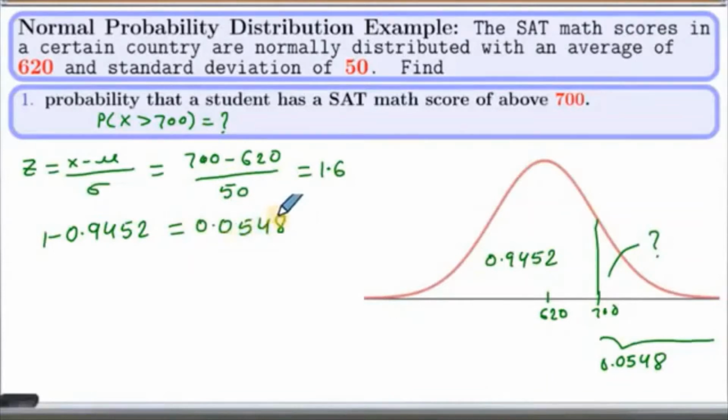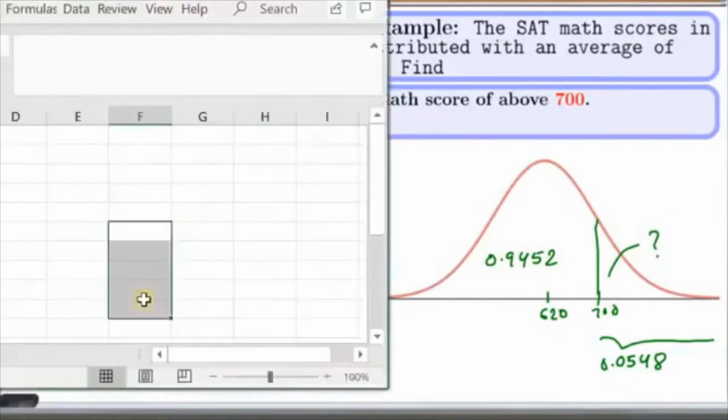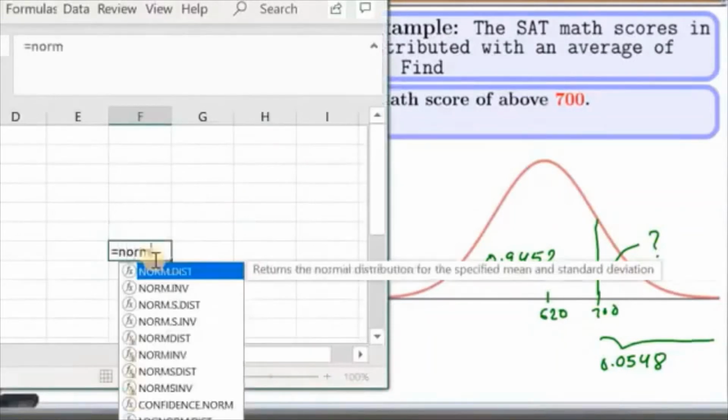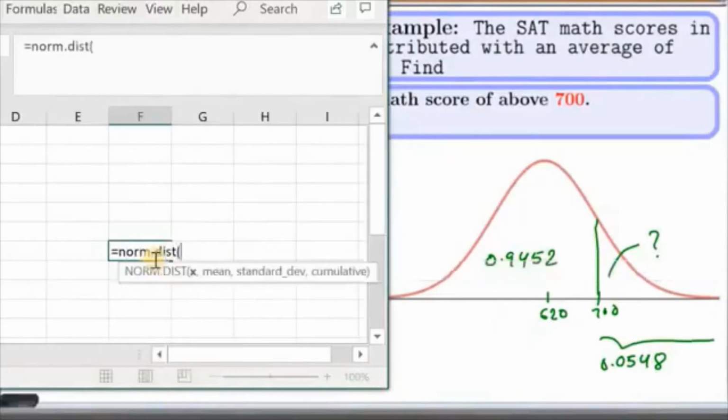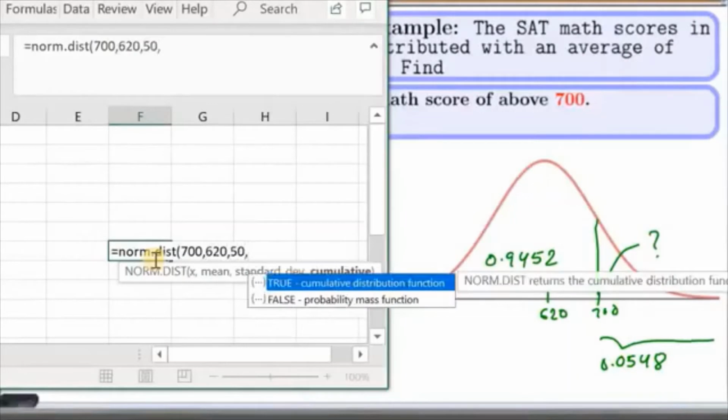Now let me show you how to get that in Excel. For that, type in equals, then type in norm.dist, then put your parentheses. Our x here is 700, and mean here is 620, and standard deviation is 50. Here we are looking at the cumulative probability up to 700, so we will just type 1, or you can also type TRUE.